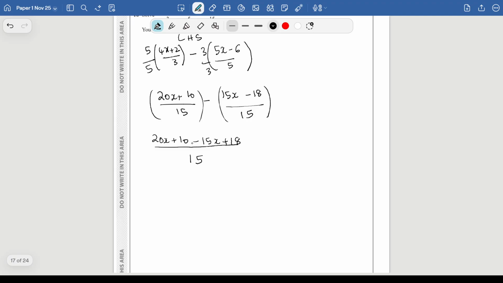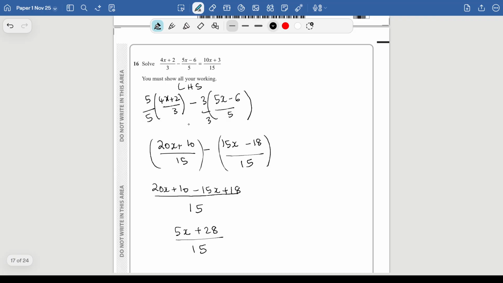I can simplify by collecting the like terms. 20x take away 15x gives you 5x, and 10 plus 18 is 28 over 15. So I've simplified the left hand side to this form. Now I will take the right side, which is 10x plus 3 over 15.